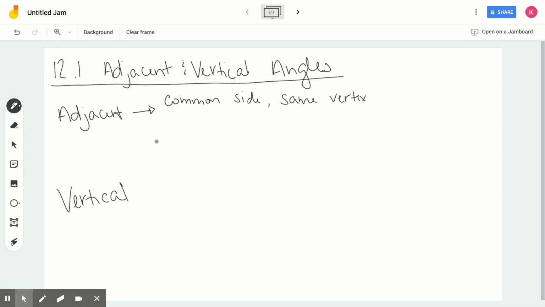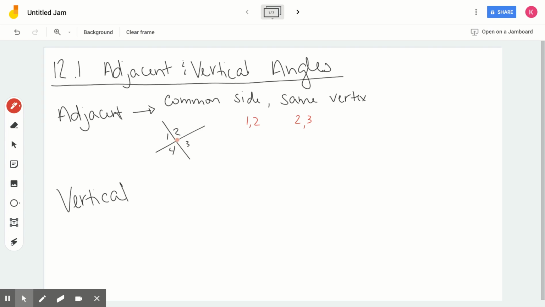If you look at the example like this, we could say that angles 1 and 2 are adjacent. They're next to each other. They have a common side and the same vertex. We could say that angles 2 and 3 are adjacent.